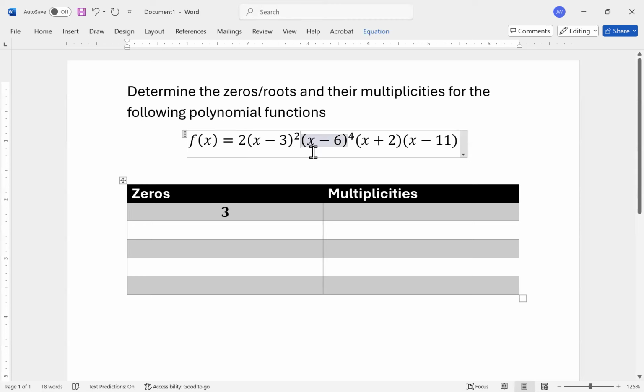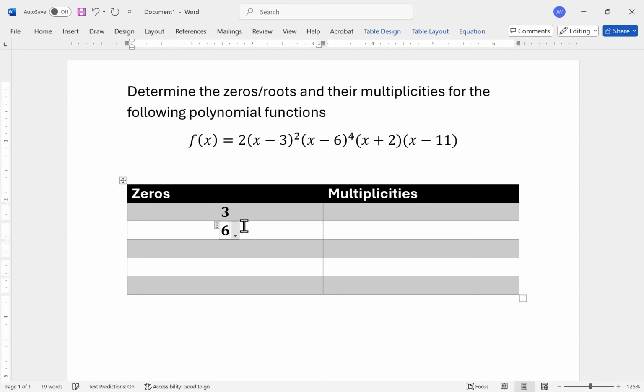Also, when I plug in 6, I get a 0. So 6 is also a 0. When I plug in a negative 2, I get a 0. And when I plug in a positive 11, I get a 0. In this case, there's no other values that I can plug in to get a 0.